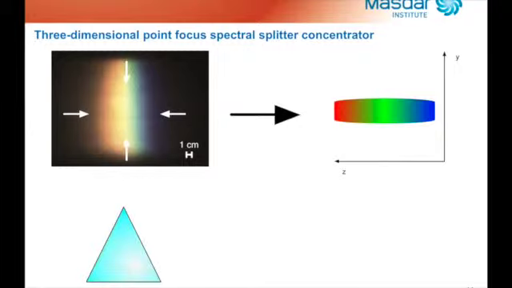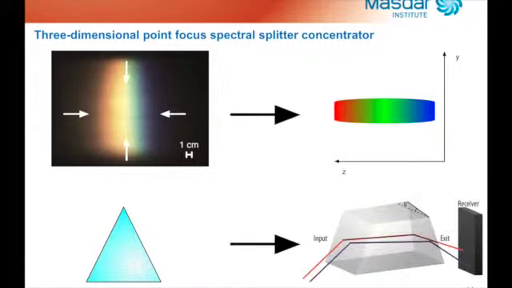So in order to achieve this, we have to change the element that composes our spectral splitter. The idea is to move from a simple prism to a trapezoid. And basically the idea is to introduce a new angle, which we call here U, that allows us to concentrate also in the other direction.